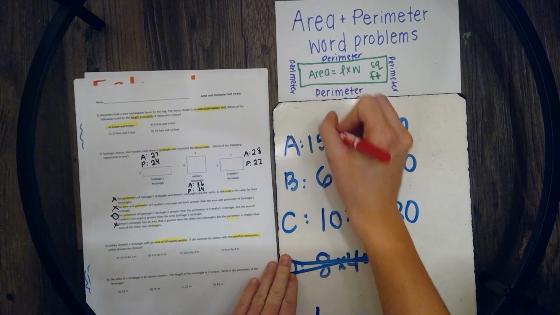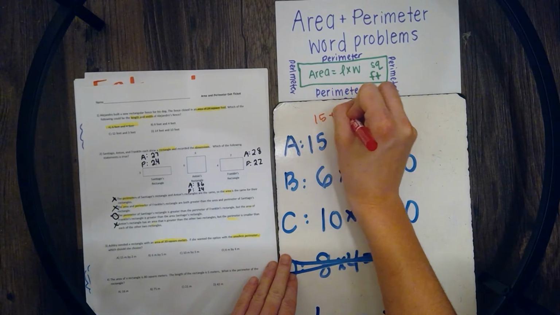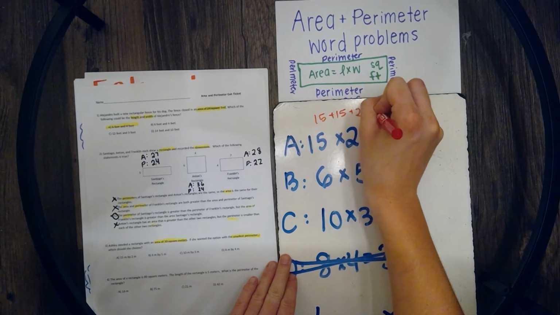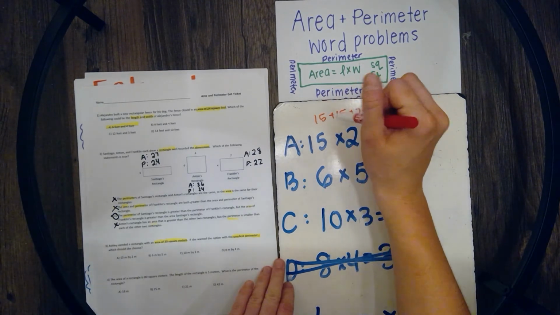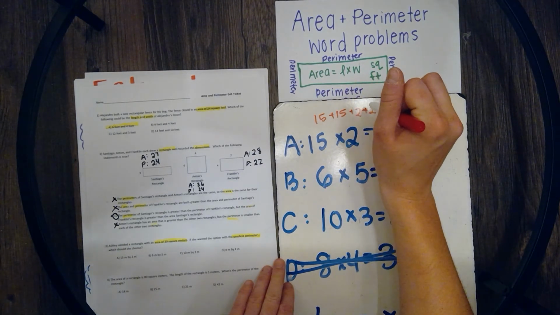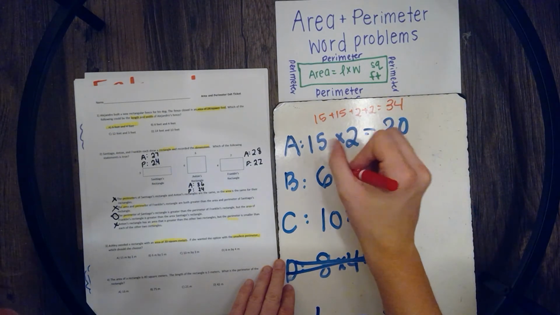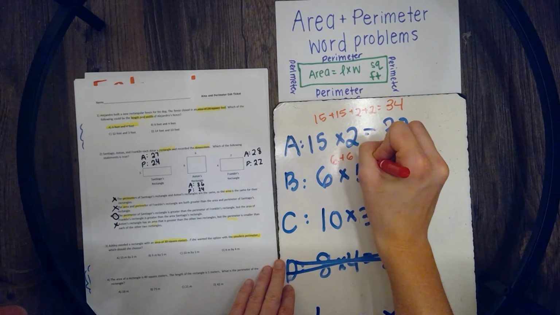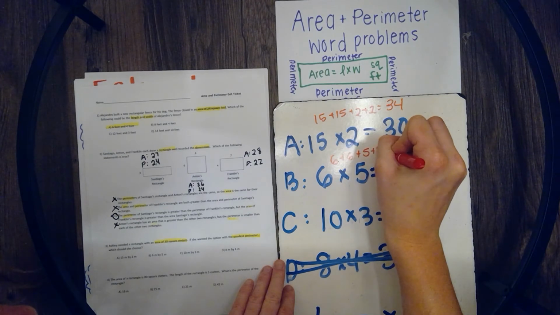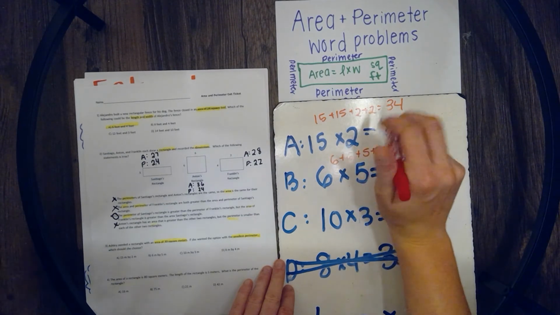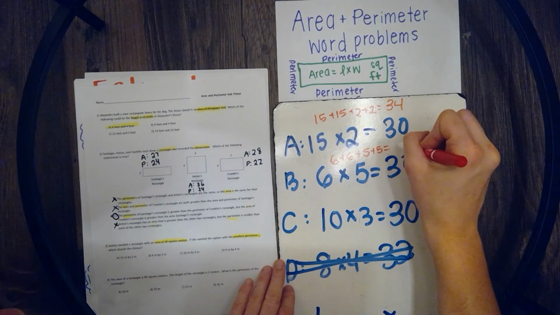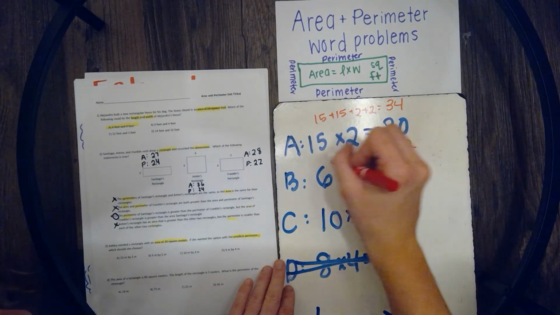So for this one, 15 plus 15 is 30. 2 plus 2 is 4, so that would be 34. 6 plus 6 plus 5 plus 5. 6 plus 6 is 12. 5 plus 5 is 10. So that would be 22 for the perimeter.